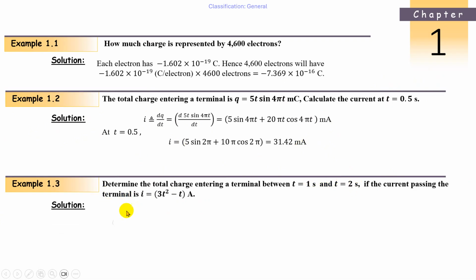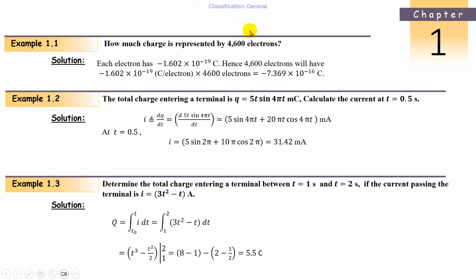See here, q is equal to the integral from t is equal to t0 to t of I dt. So I substitute here: what is I? 3t square minus t. Now integrate. What is the t square integration? T square differentiation is nothing but 2t, because t power n, n comes to the front and n minus 1 is the power.